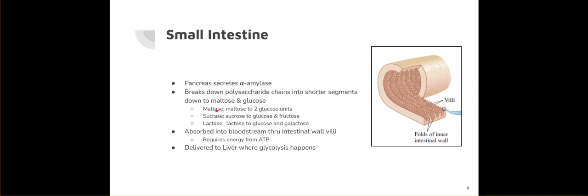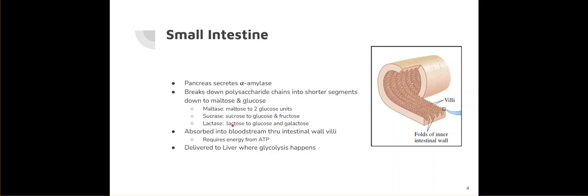So maltase breaks maltose down to those 2 glucose units. Sucrase will take sucrose, which is made up of a glucose and a fructose, and it will break that sucrose into those 2 species. And then there is a lactase, which will break lactose down to glucose and galactose, which are two components of lactose.